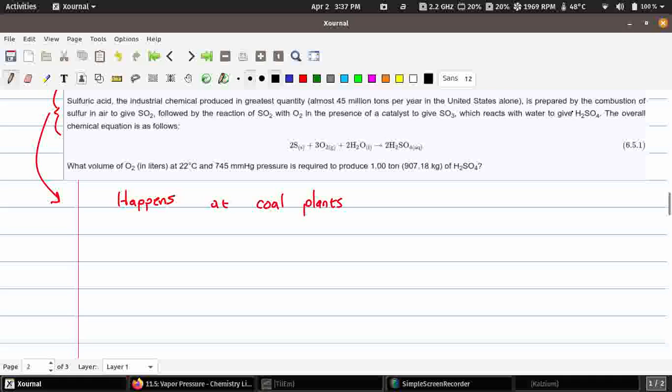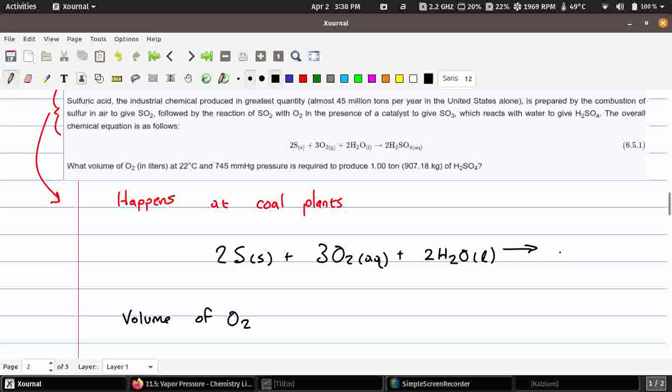Let's figure this out. So, what volume of oxygen at 22 degrees? Let me rewrite the equation. Sorry, I got on a tangent there. 2S solid plus 3O2 aqueous plus 2H2O, liquid, is equal to 2H2SO4 aqueous.